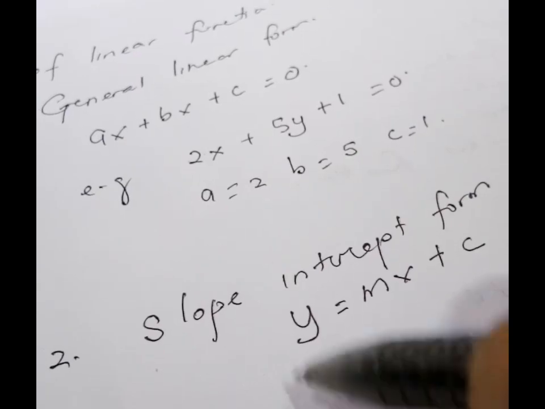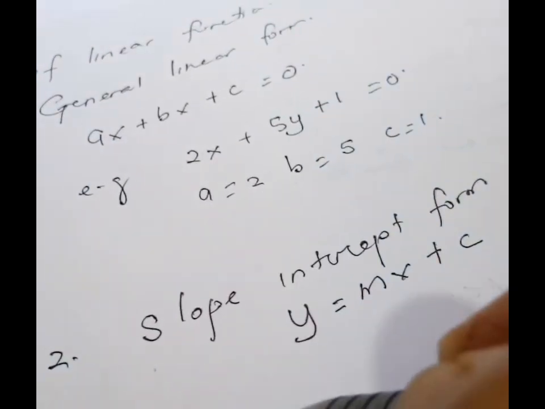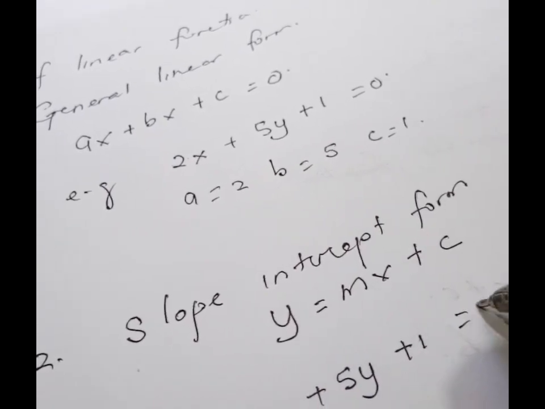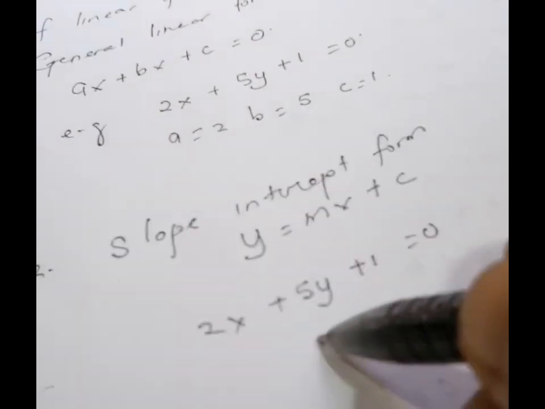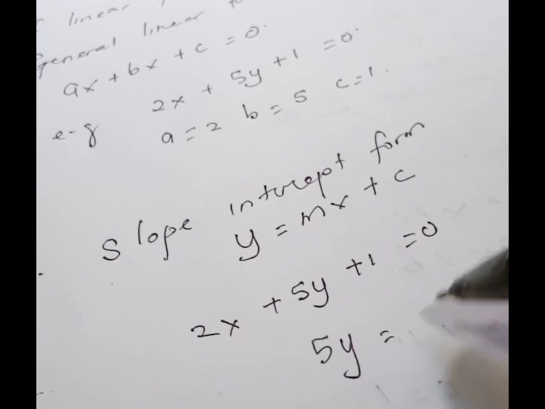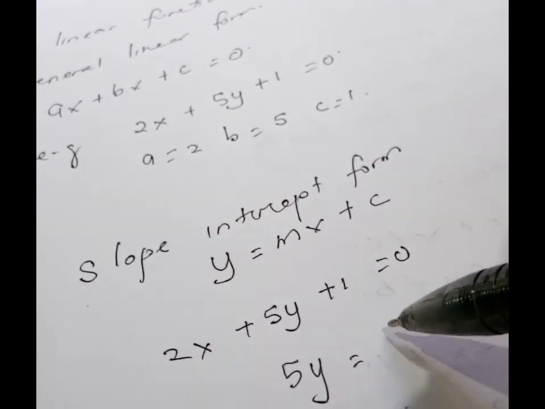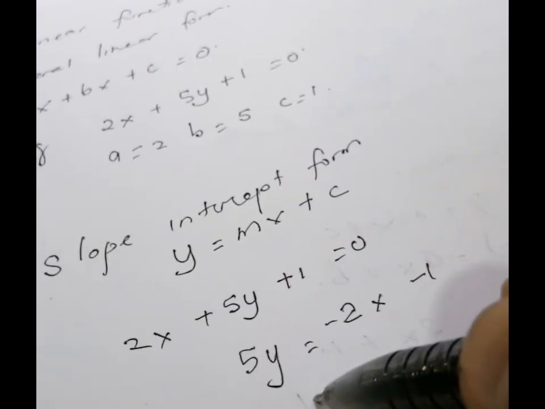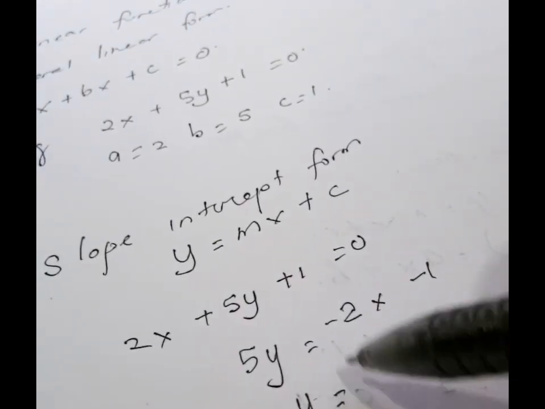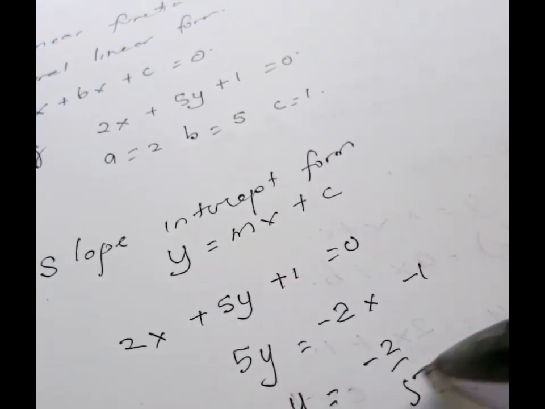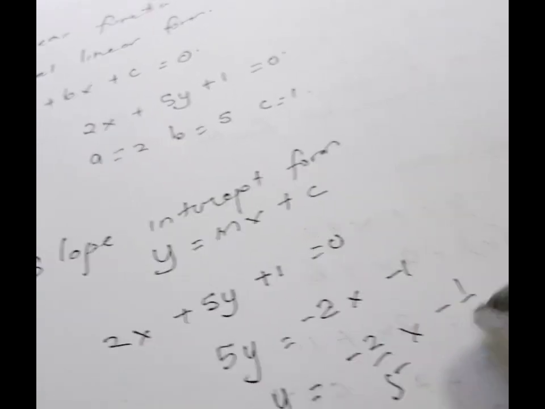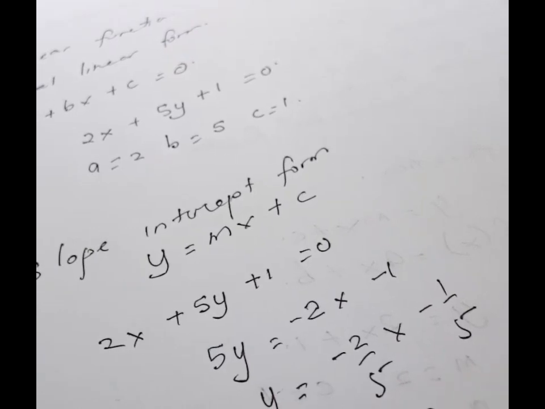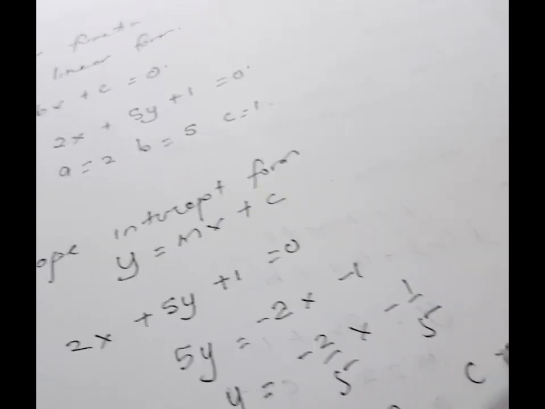For example, 2x plus 5y plus 1 equals 0. We put 5y first and bring all the other terms to the right, so it becomes minus 2x minus 1. So y is minus 2 over 5 x minus 1 over 5. In this case, m is minus 2 over 5 and c is minus 1 over 5.